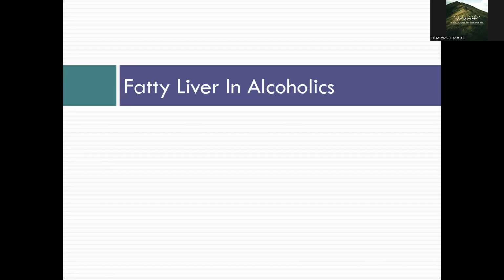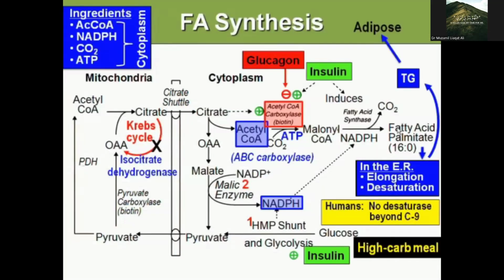Now let's discuss the clinical correlation, fatty liver in alcoholics. Why do alcoholics get fatty liver? Ethanol generates enormous amounts of NADH in the liver via alcohol dehydrogenase and aldehyde dehydrogenase.